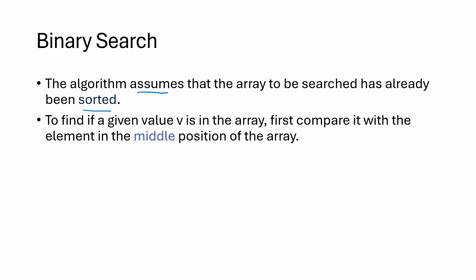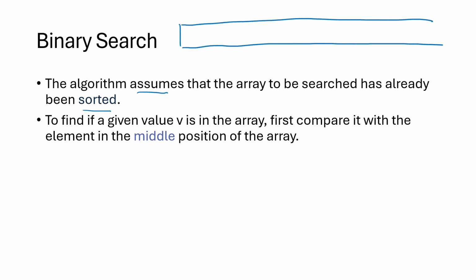Now, if that's the case, then this is how binary search works. So again, this is my representation of, let's say, the array that we are searching. And let's say this is index 0, this is index, let's say 11, and then index 1, 10, and so on. Okay?